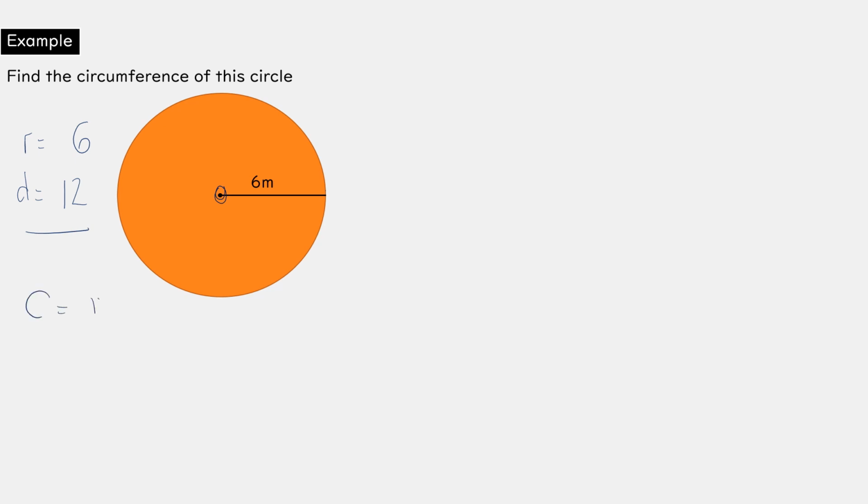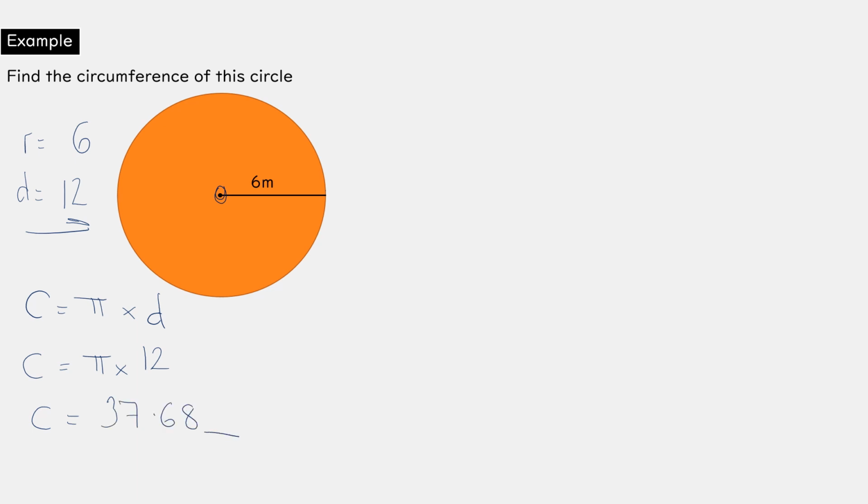So whenever we see a circle question, we're always going to do this. Circumference equals pi times diameter. Let's write that formula out again, and we're going to fill in the bits we know. Well, we know the diameter now. We've worked it out to be 12. So I'm replacing diameter with the number 12. And then we're plugging into our calculator 12 times 3.14, and that gives me an answer of 37.68.